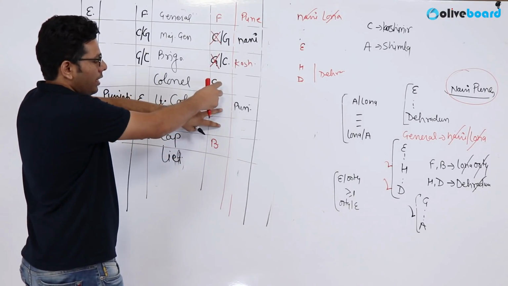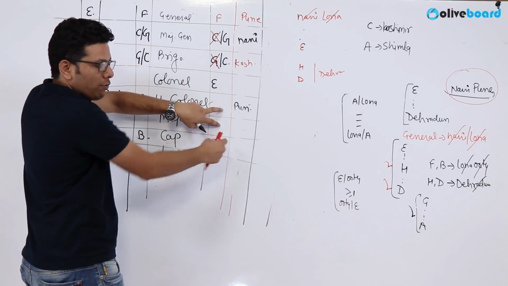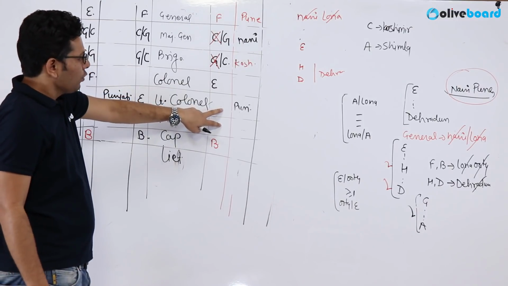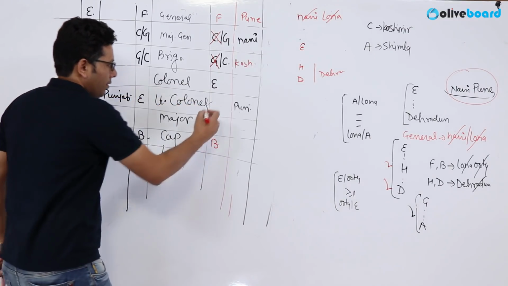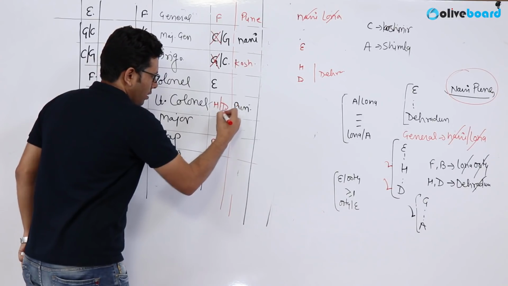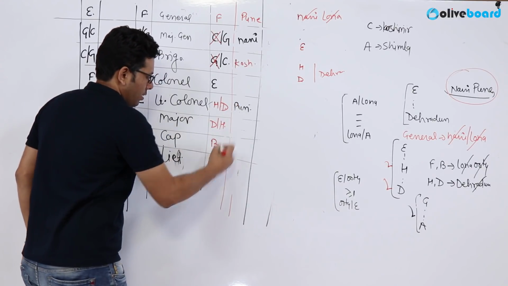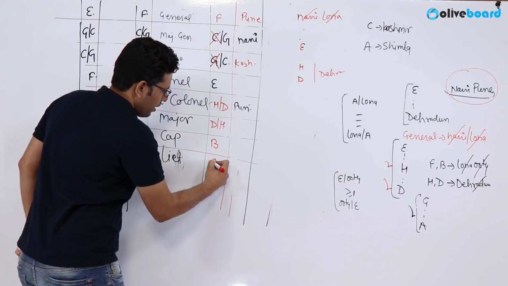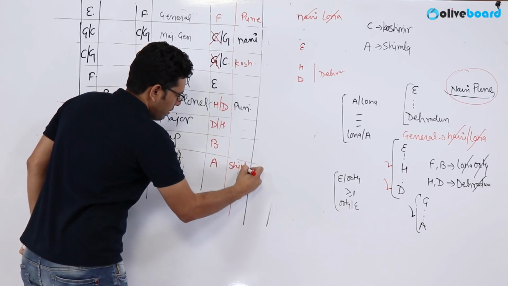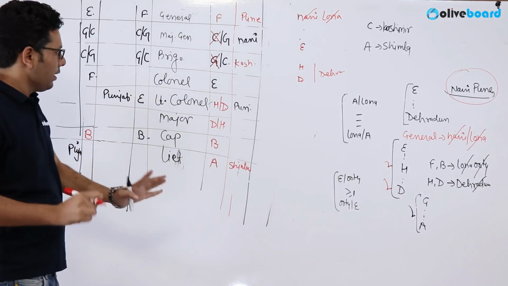So if the E is above the Dehradun, then my B would be the Dehradun. So H and D would be here, and A would be here. A likes Shimla. This is the scenario.